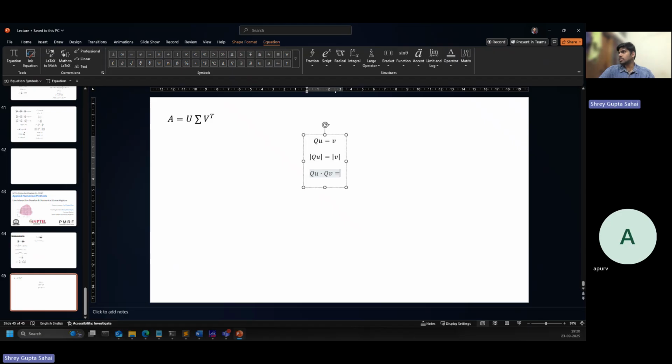So the angle is also preserved. So essentially what you're doing is rotating the vector.